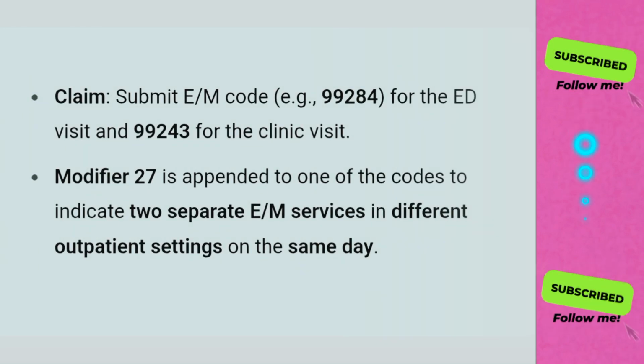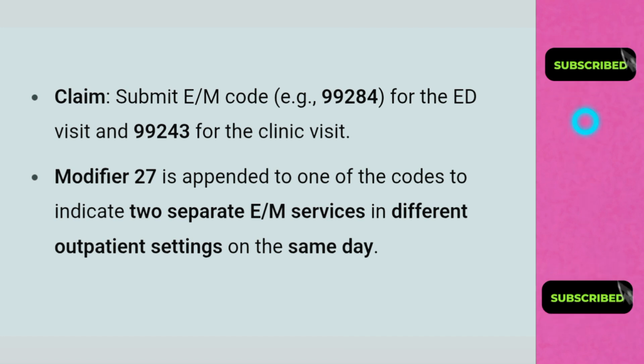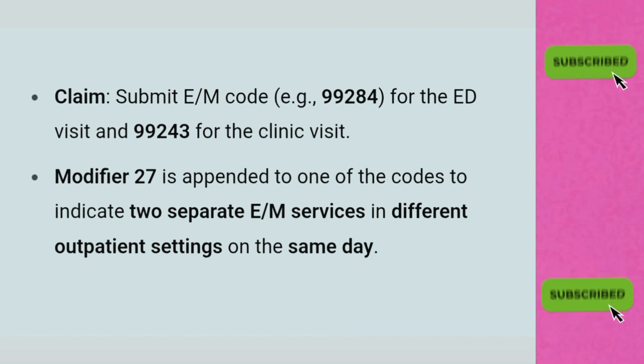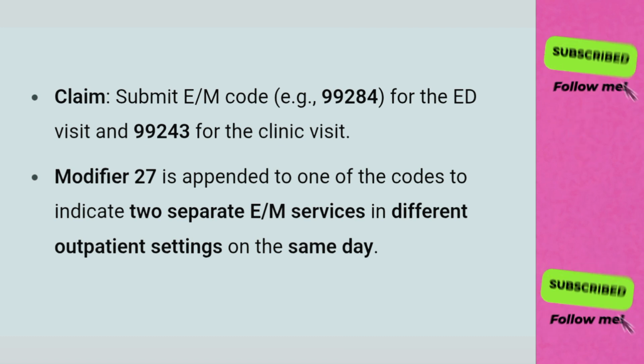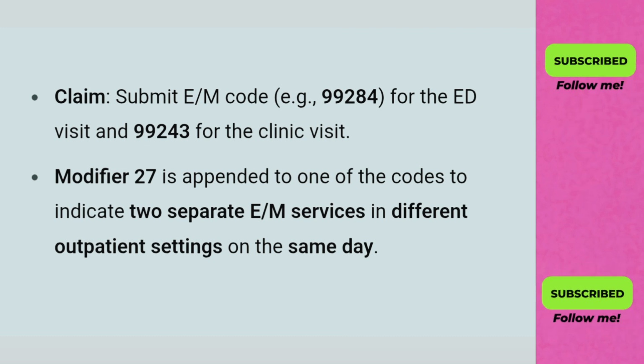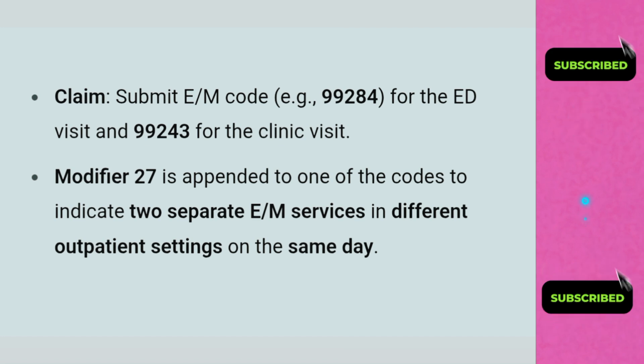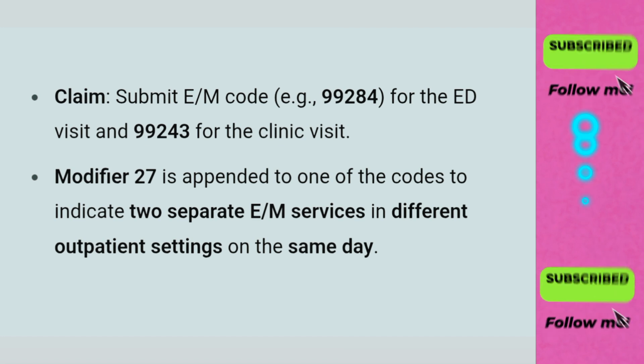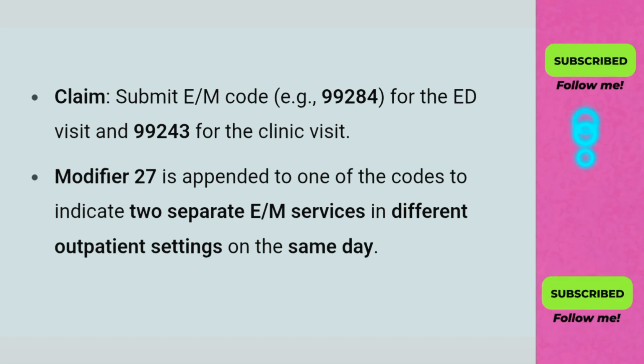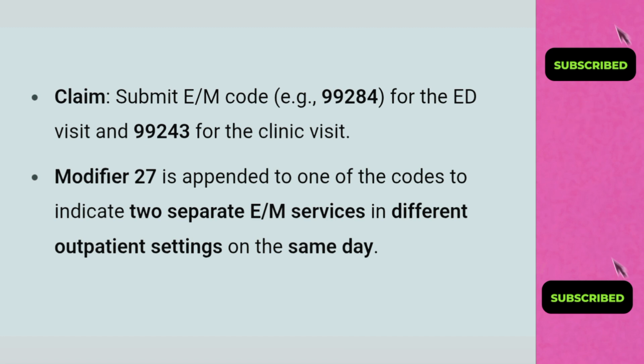So here we can submit the claims with E&M codes, like 99284 for the emergency department visit and 99243 for the clinic visit. As I explained, initially in the morning the patient visited the hospital for a chest pain complaint, and then later he visited again for the cardiology consultation.